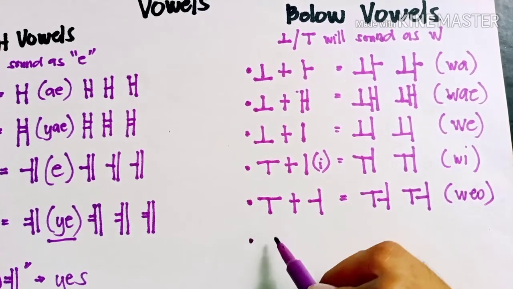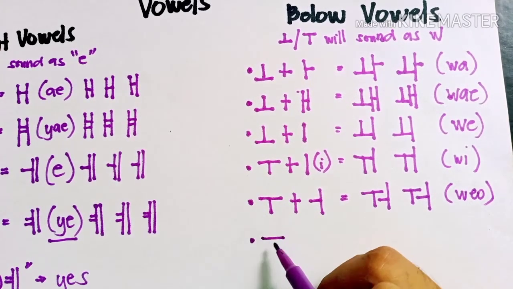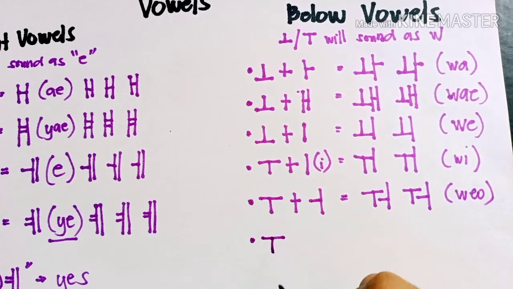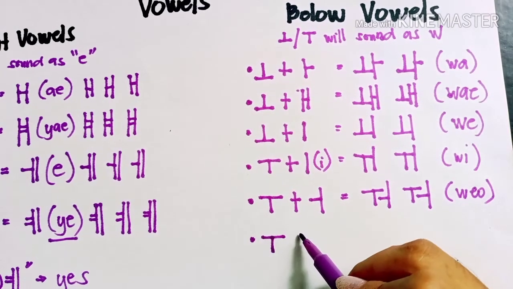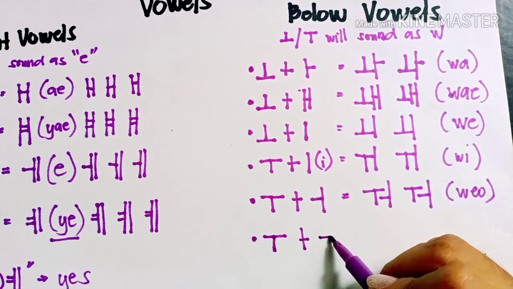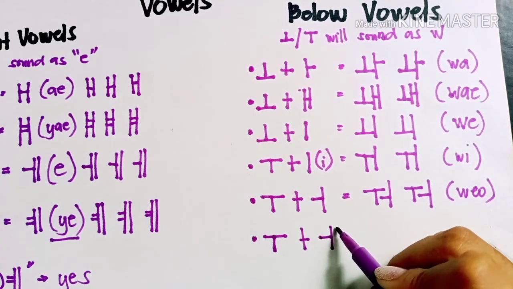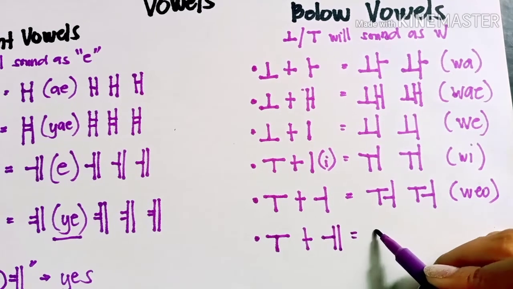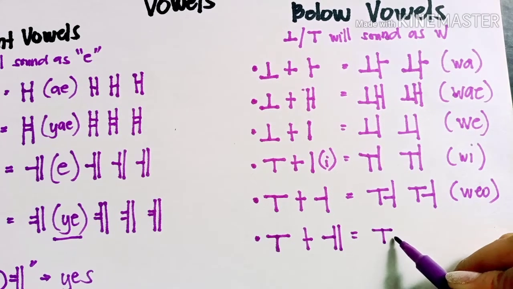Another one is U, or by our rules W plus E. It will become We.